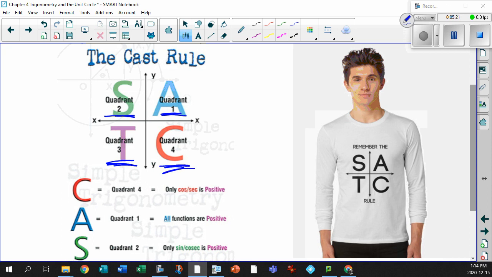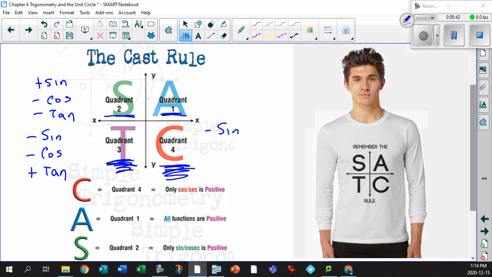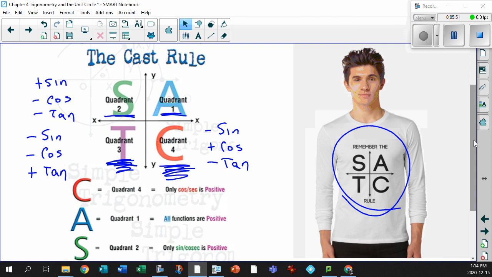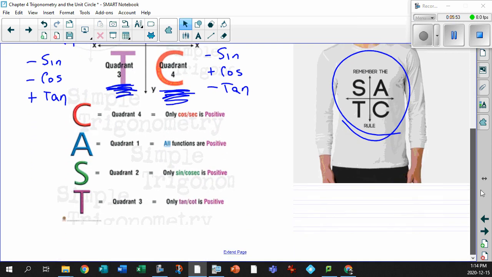So if this is a positive sine, cosine's negative, tan's negative. If this is a positive tan, sine is negative, cosine's negative, and the only ones that are positive are your tan values. In this quadrant, your sine is negative, your cosine is positive, but your tan is negative again. Don't forget the add sugar to coffee rule or CAST rule as they have written out here.